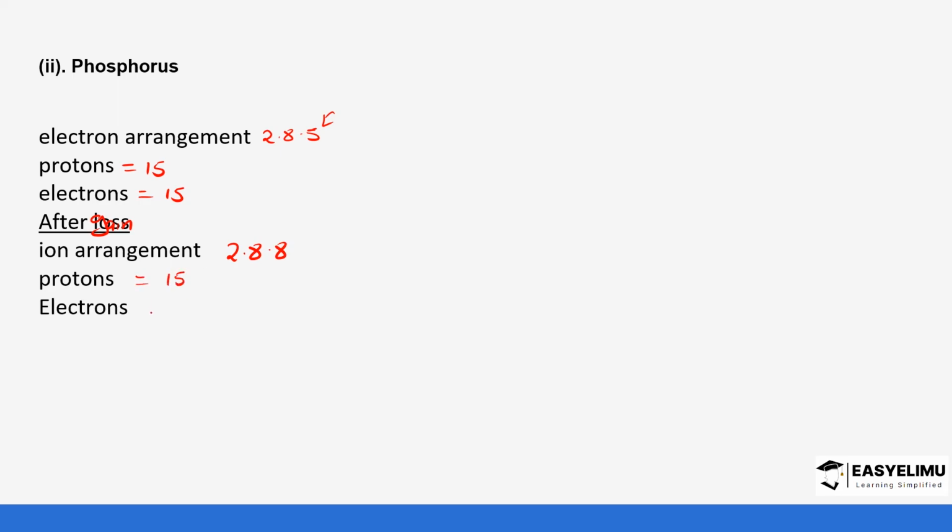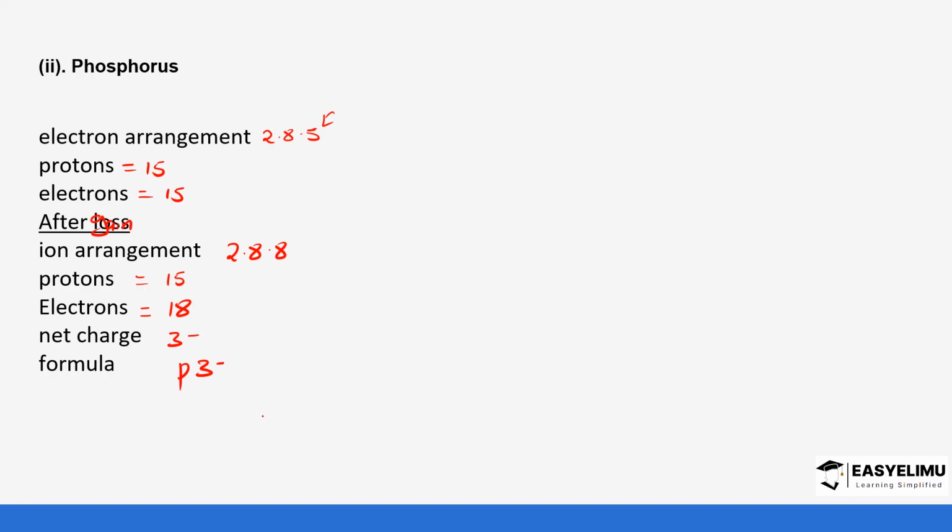The number of electrons, since we have added 3 electrons, will become 18. And then the net charge will be 3 negative. We have added 3 electrons. And the formula is going to be P 3 minus.